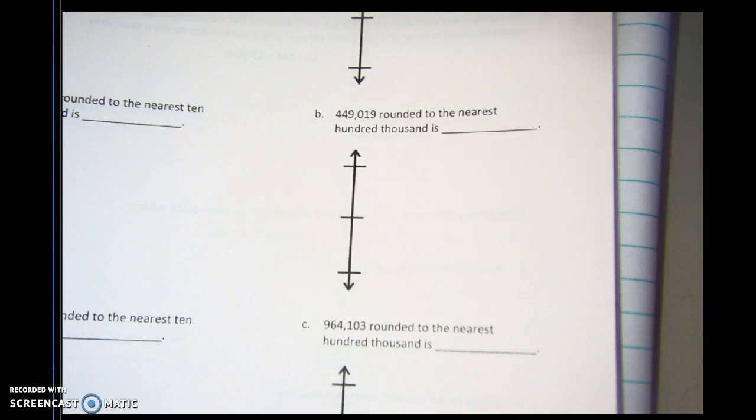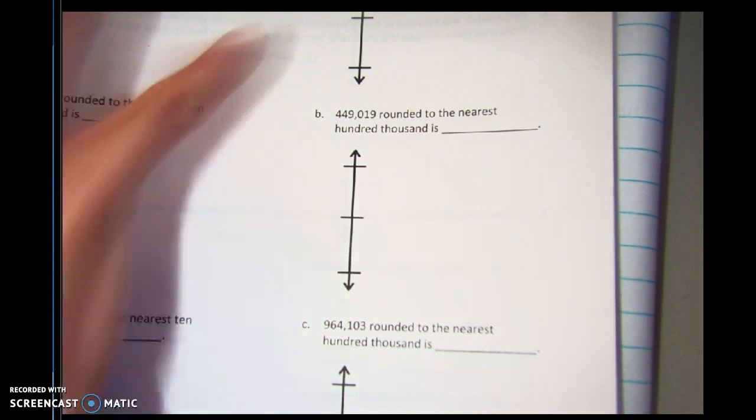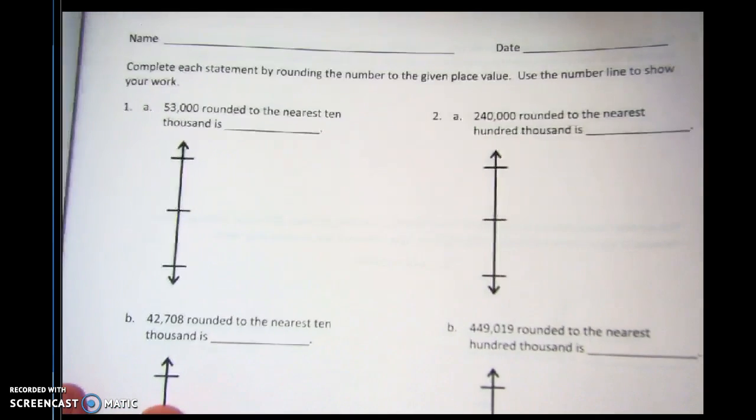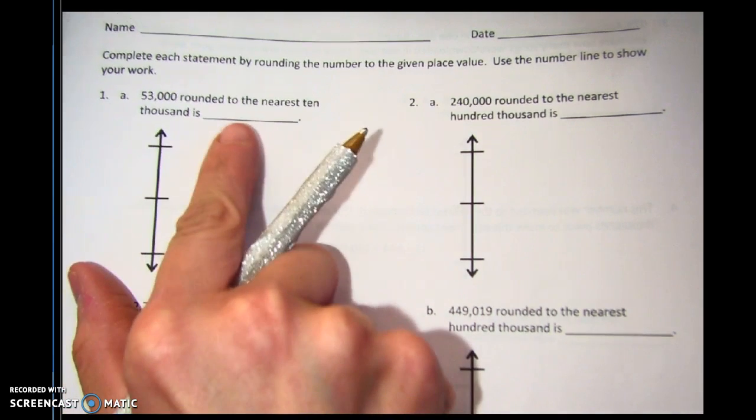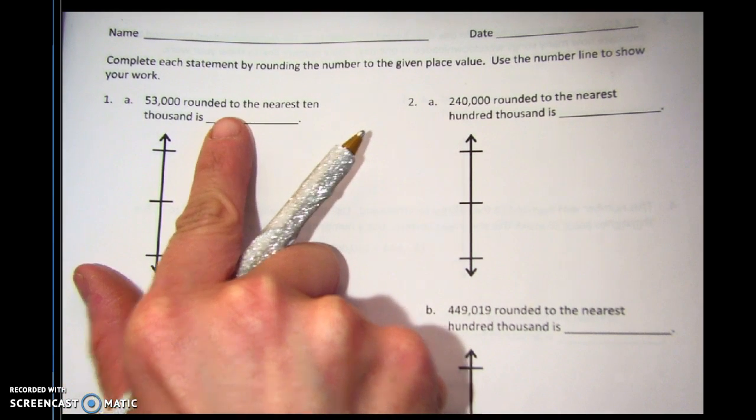Okay, so we just finished writing our notes in our math journals, and you're going to recognize that these problems are really similar to what we already discussed, right? So when I look at my problem, let's read the problem.